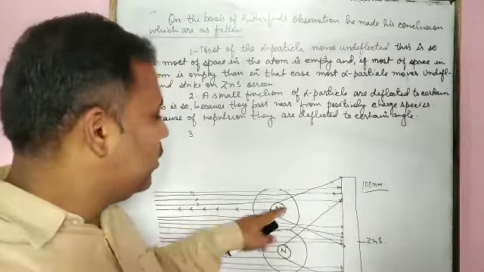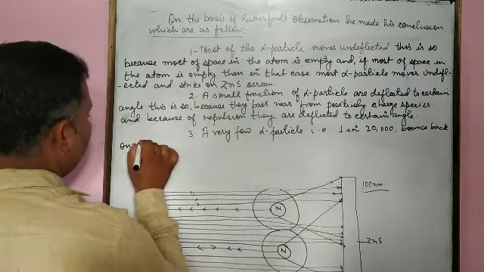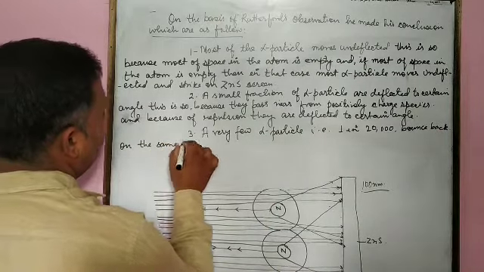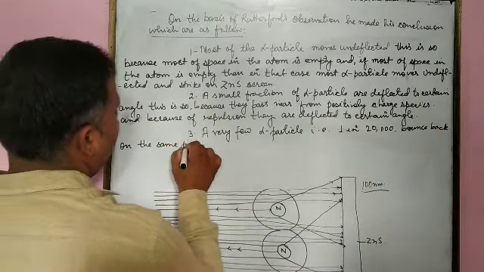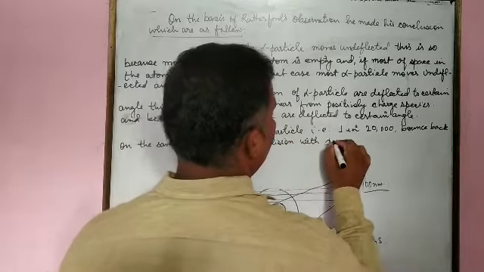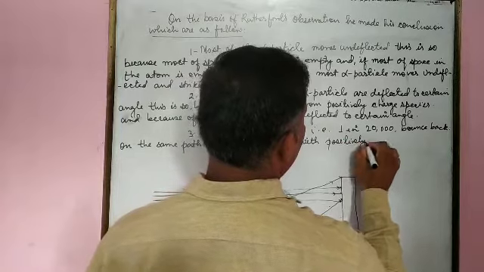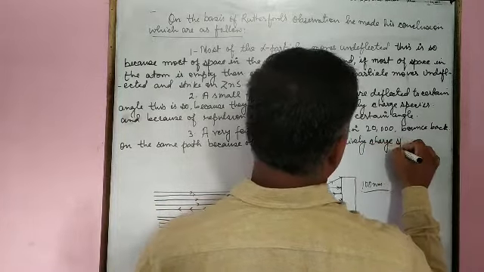The next one, a very few alpha particles, that is 1 in 20,000, bounce back on the same path because of collision with positively charged spaces.